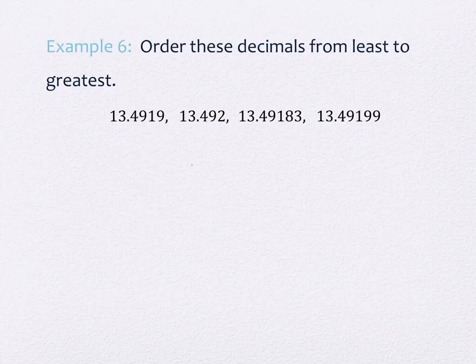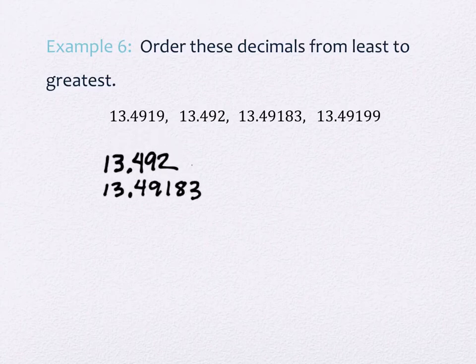So I'm going to leave the first one where it is, and then I'm going to write the numbers underneath it. So I have a 13, and then I have a decimal point, and then 4, 9, 2. And then I have a 13, and a decimal point, 4, 9, 1, 8, 3. I might actually need these to be a little bit bigger, so I think I'll rewrite that first one and increase these.